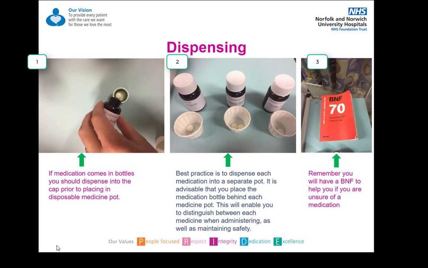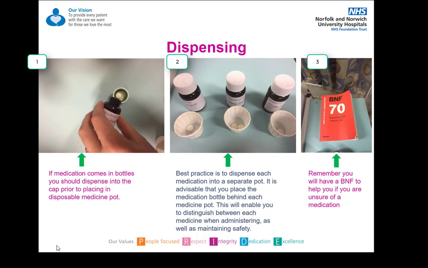So when we look at dispensing the medication, if your medication comes in a bottle, for instance, you should dispense the medications into the cap as seen in the picture prior to dispensing into the medication paper pots.